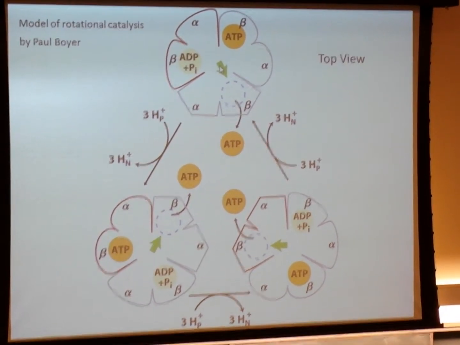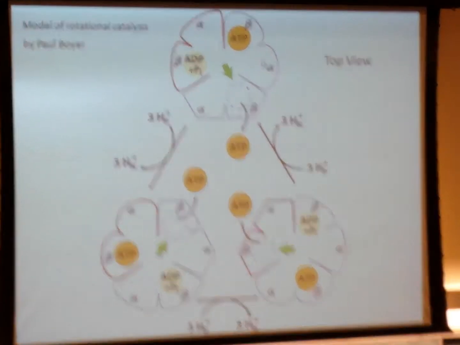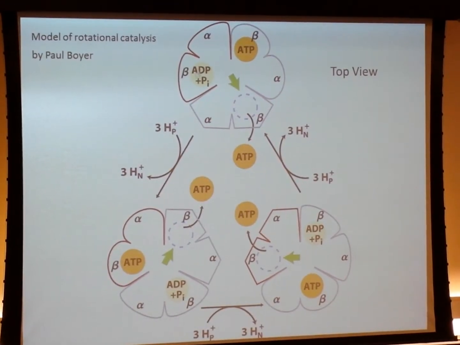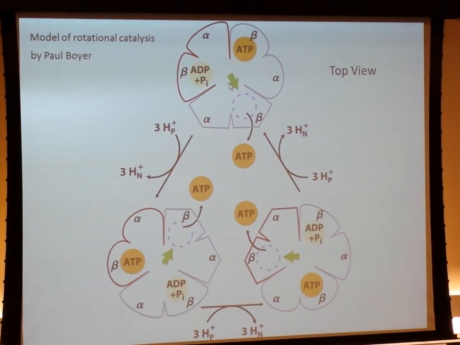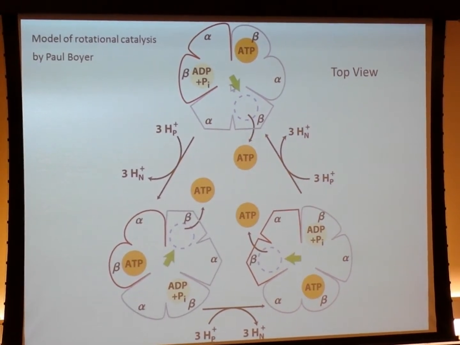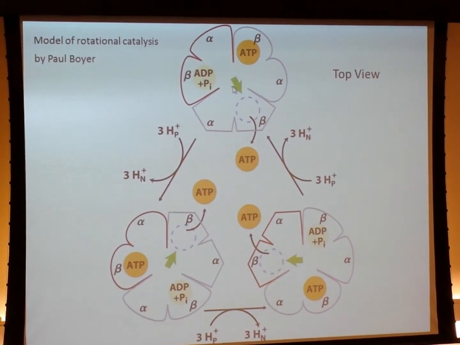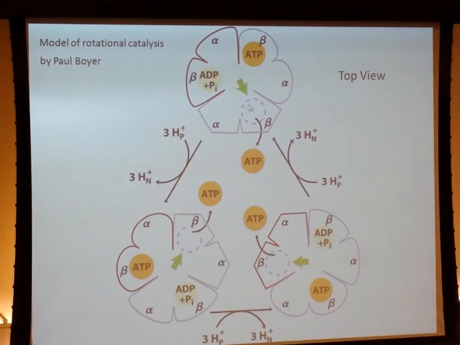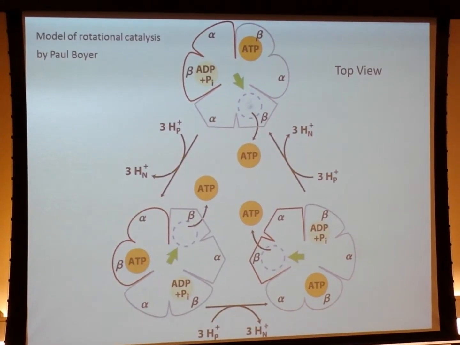And so we're looking down. So here are each of, let's just start at the top here. Here are each of these dimers. And the green arrow here is the crooked stalk, gamma, my finger. You're looking down on top of it, and it's pointing. So we see that there are three binding sites because there's three alpha-beta pairs.